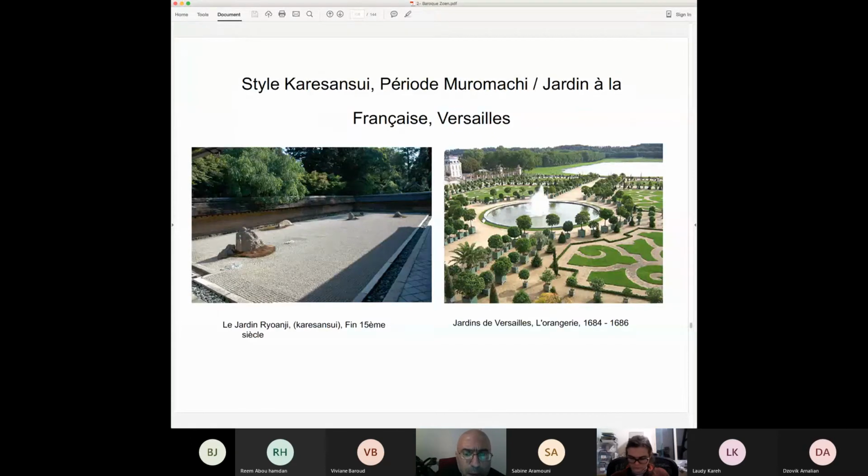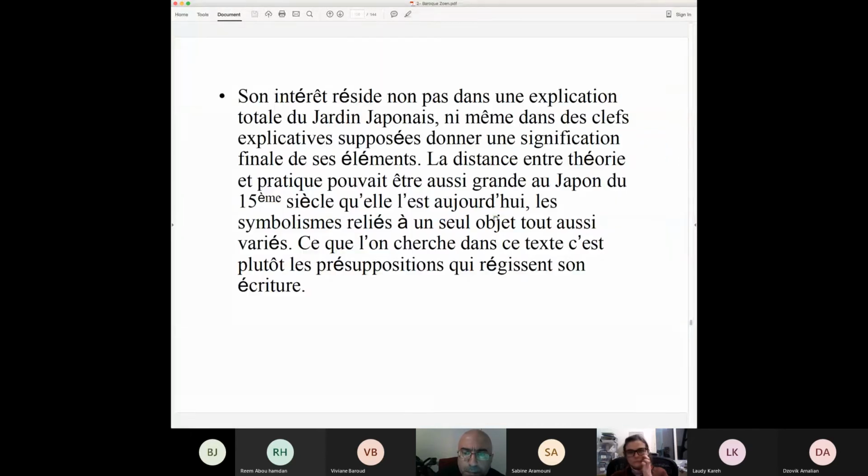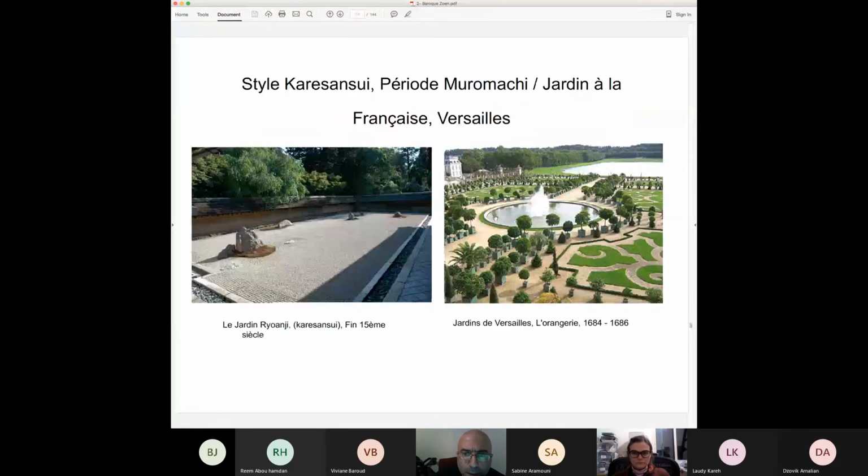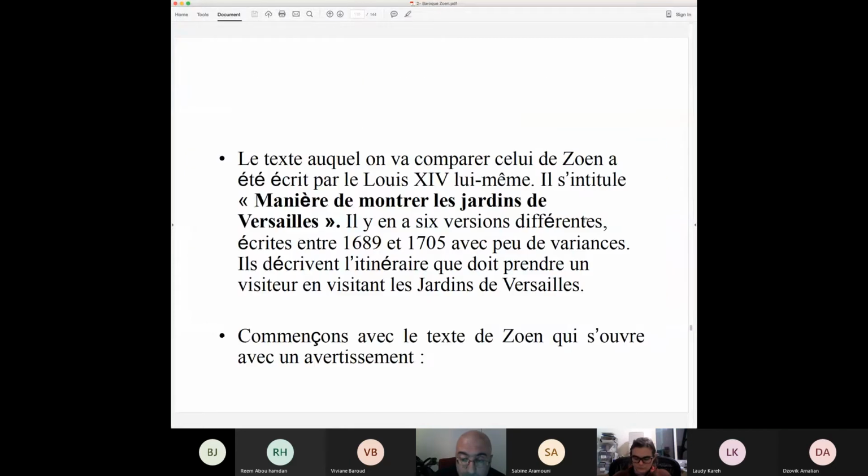So I'm going to show you two gardens. One is a garden from the period of Muromachi, and the other is a garden from the Garden of Versailles, which leads us to the second text that we're going to try to understand.